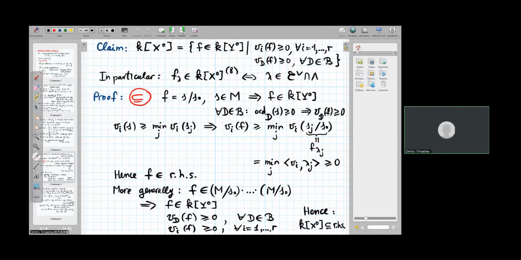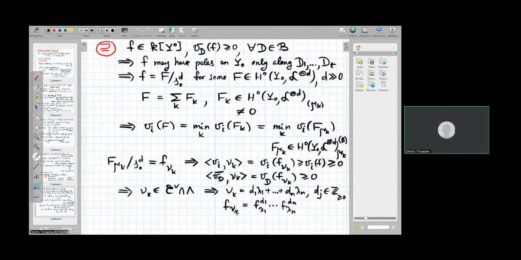Okay, so we have this equality for functions, and finally we get that this function f nu k can be expressed in the following form: s1 to the power d1 times etc. times sn to the power dn over s0 to the power d1 plus etc. plus dn.